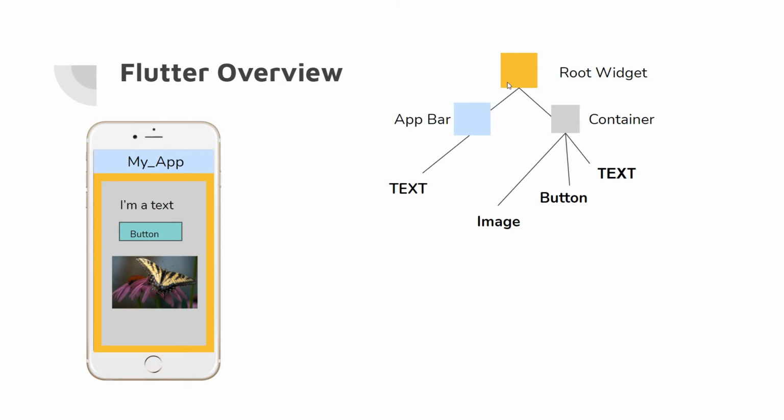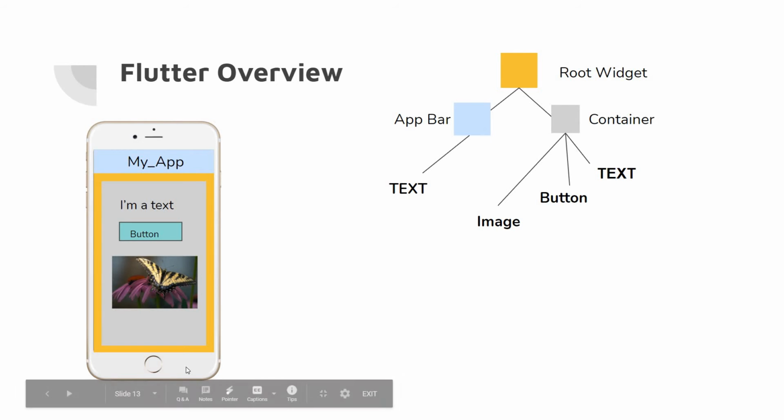So the root widget has two children: the app bar and the container. The app bar has only one child, text, and the container has three children: text, a button, and an image.